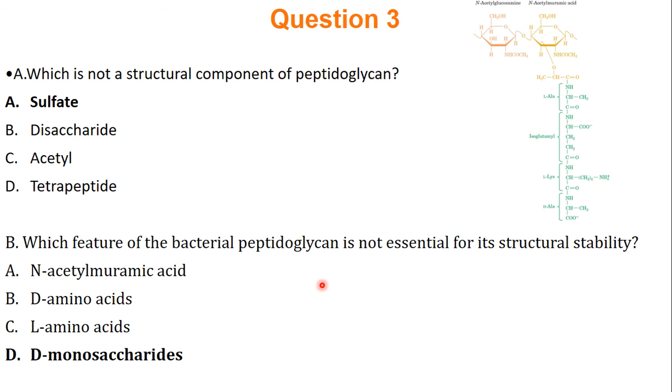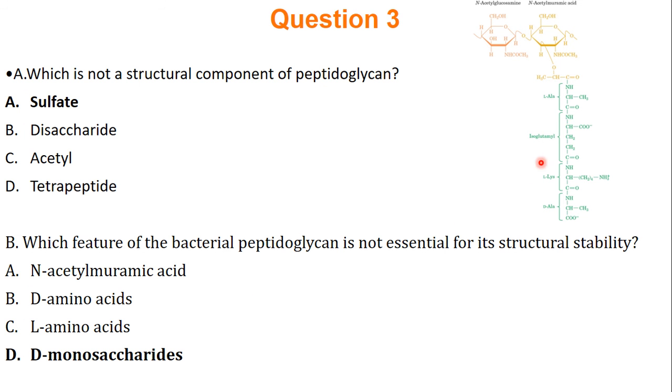Which feature of the peptidoglycan is not essential for structural stability? N-acetylmuramic acid? No, it's right there. D amino acids? We have D amino acids in the peptidoglycan layer. We'll talk about why that's important in a minute, but this is one of the few places in nature on Earth where we find D amino acids. 99.99% of the time, they're going to be L. Peptidoglycan is your exception there.